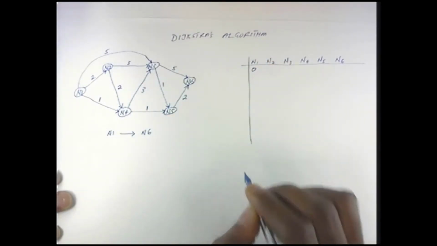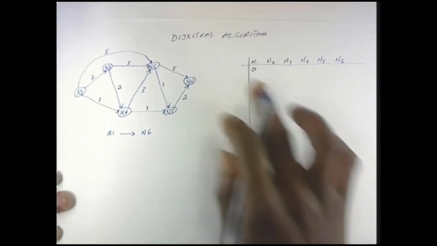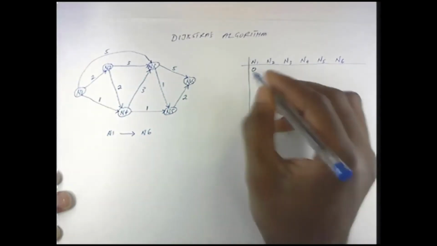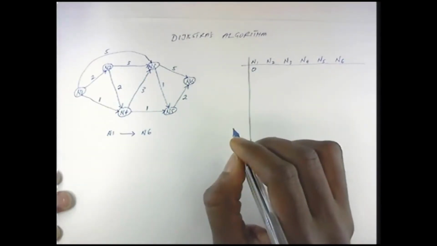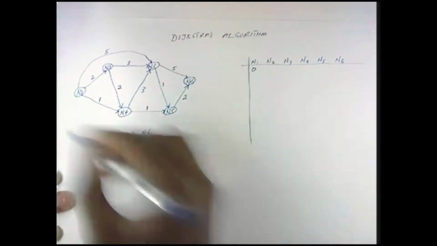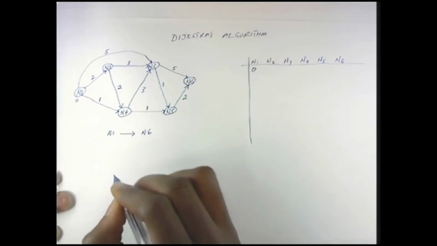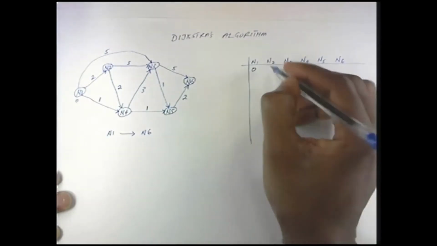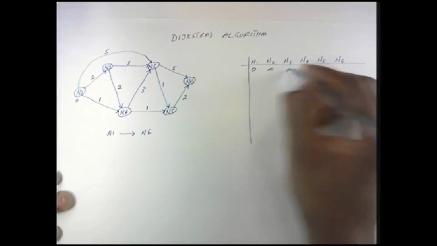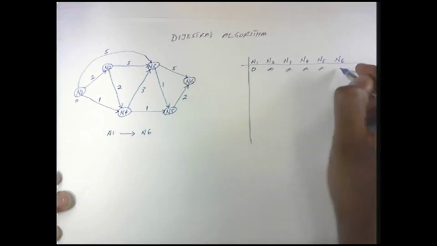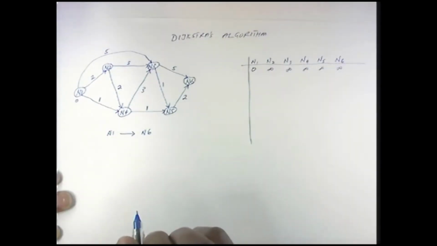You remember the initialization. So to initialize this, we set node 1 to 0, the cost at the node. So node 1 has a cost of 0. Then to every other node, we set it to infinity. So this is the initialization.